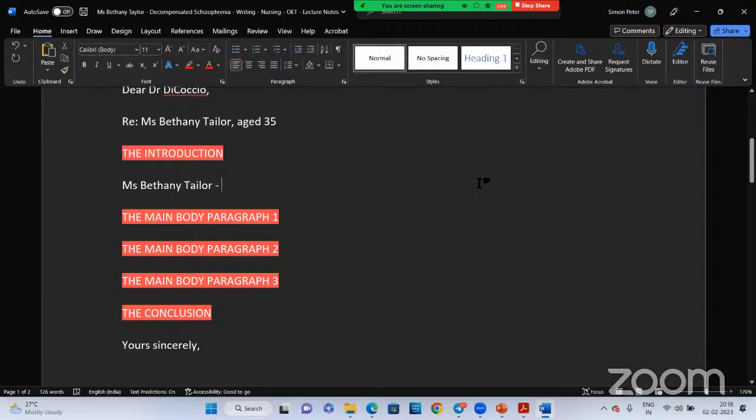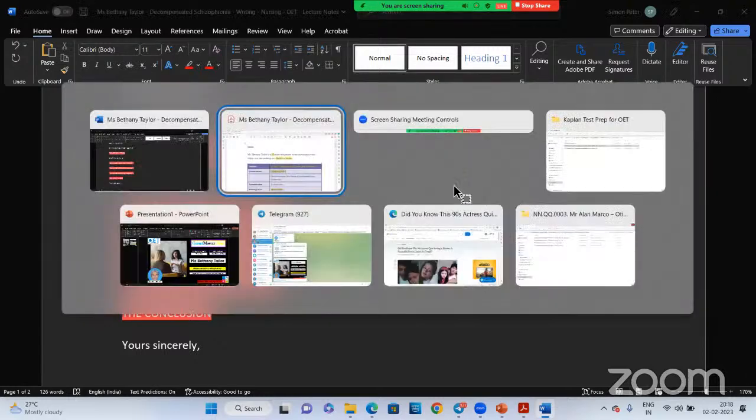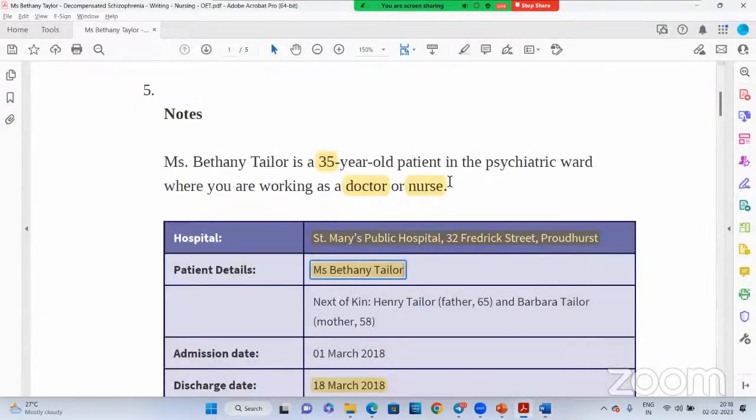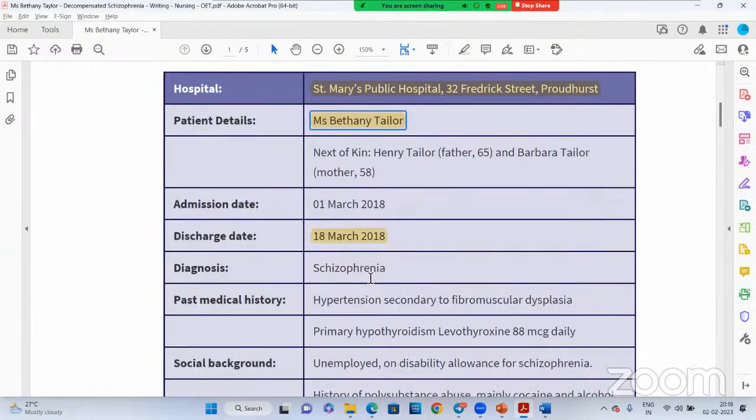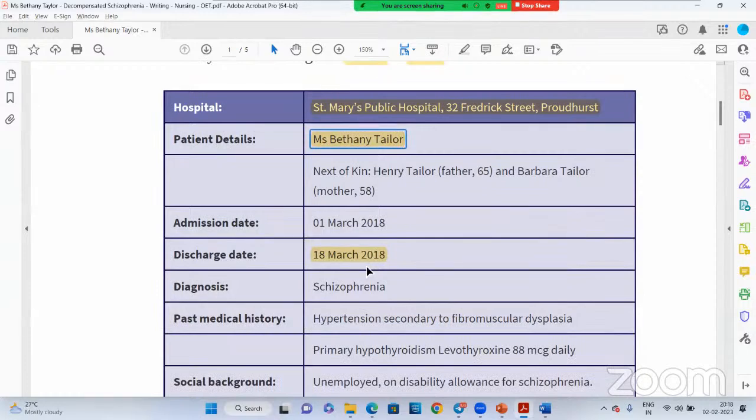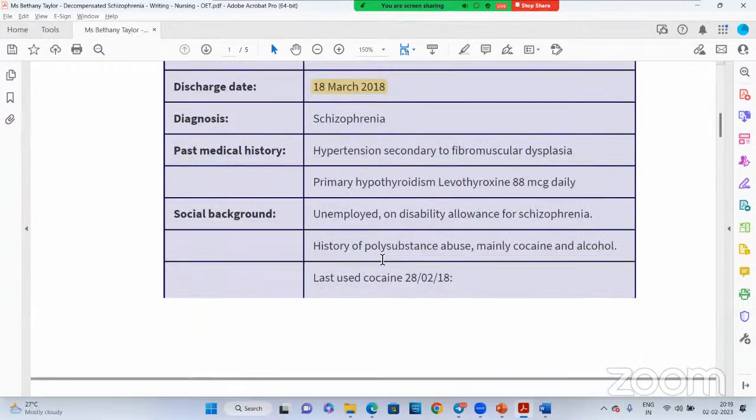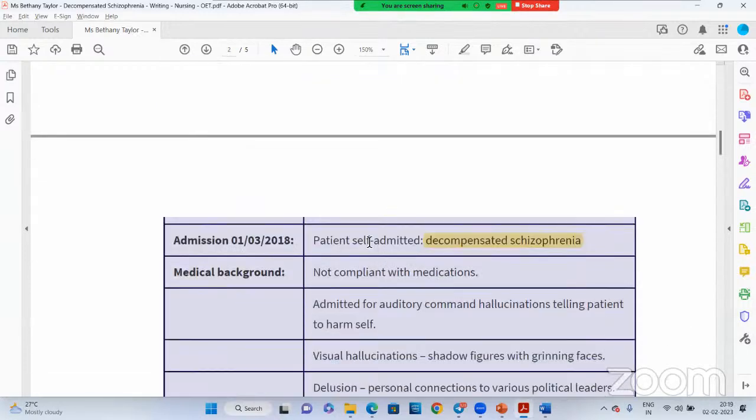Miss Bethany Taylor. Next, what happened? Self-admitted. So the patient is already there, we took the name. Self-admitted with decompensated schizophrenia.